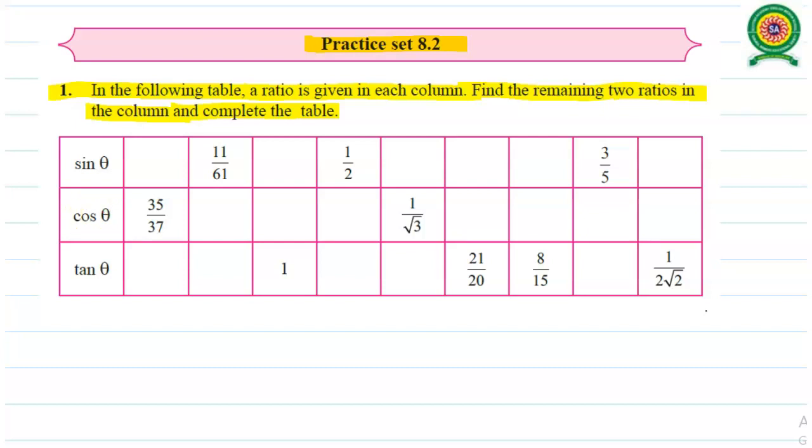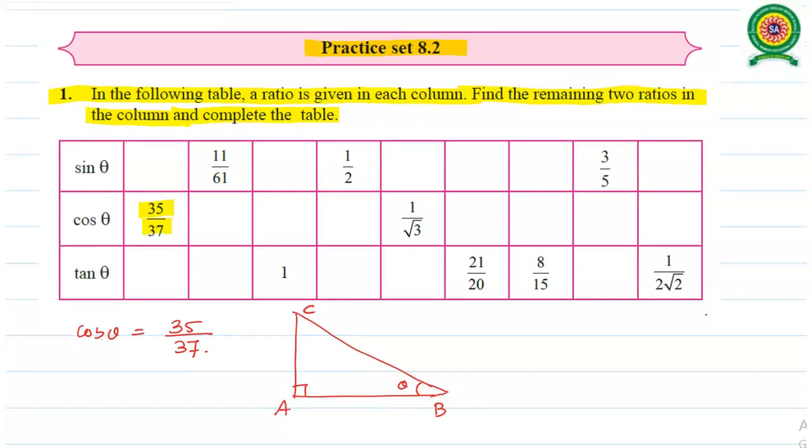So at the start, in the first column we are given cos θ = 35/37. We know cos θ equals the adjacent side upon the hypotenuse. So let's construct a right-angled triangle ABC, right-angled at A, and we assume angle B equals θ.